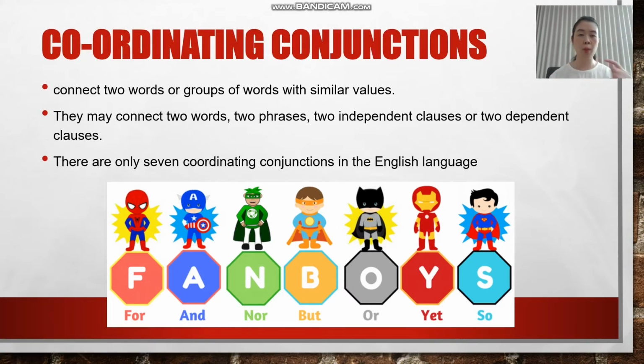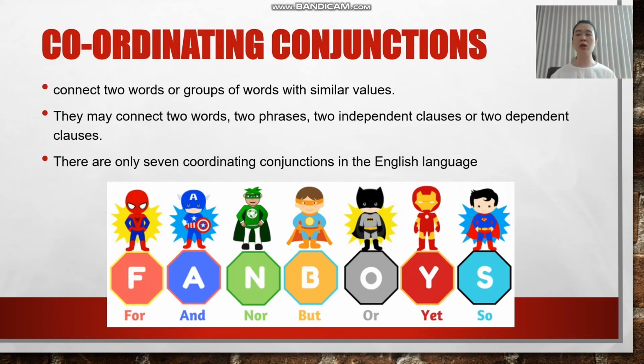Okay, fanboys. Don't forget the S. And that stands for F, that is for, A, that is and, N, that is nor, B, that is but, O, that is or, Y, that is yet, and the last S is so. So it means that there are only 7 of them.